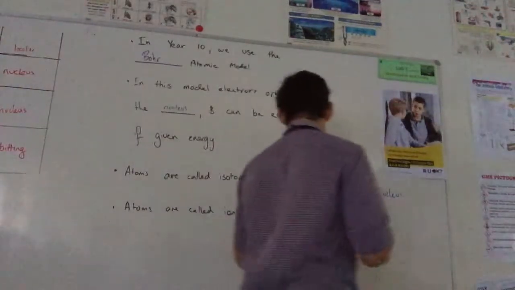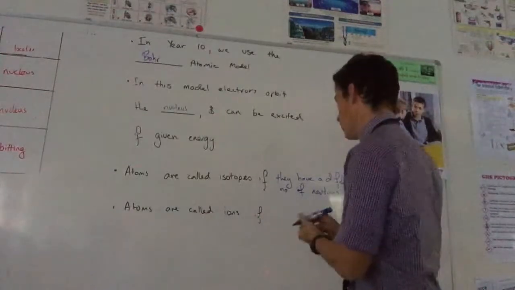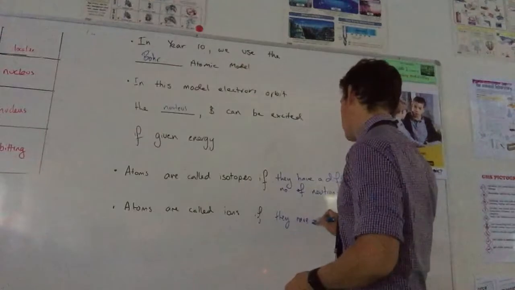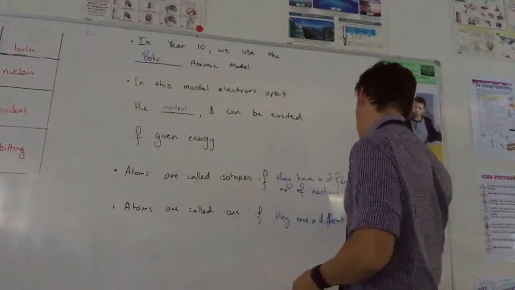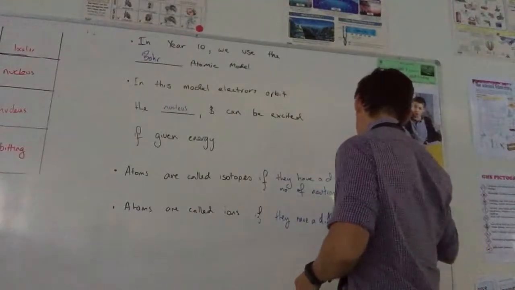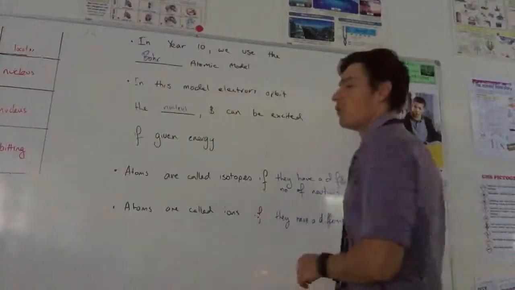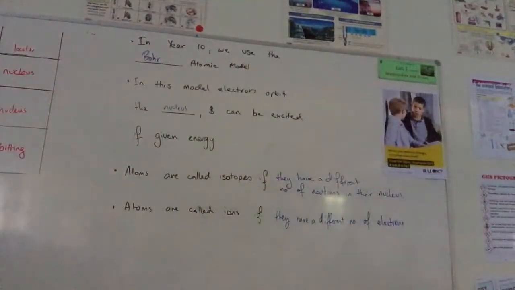Atoms are called ions if, thank you James, they have a different number of electrons. So why do you think we call radiation that is harmful ionizing radiation?